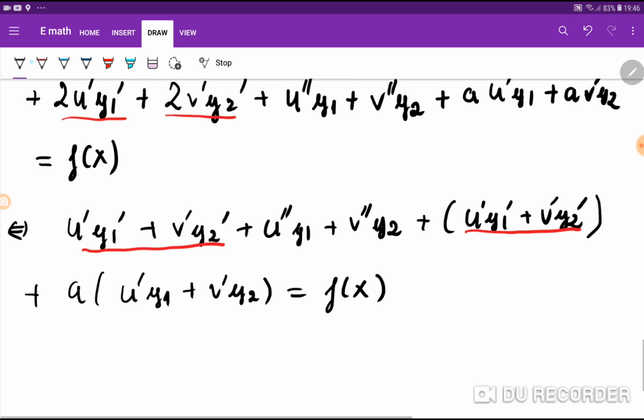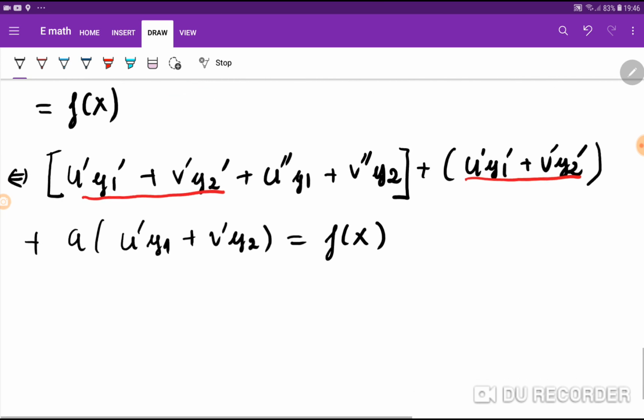Okay, I'm going to regroup this one a little bit. What is this? So I'm going to rewrite this like this. u1 y1 prime plus u prime y1. I'm going to write this one first. So u prime y1, this term right here.